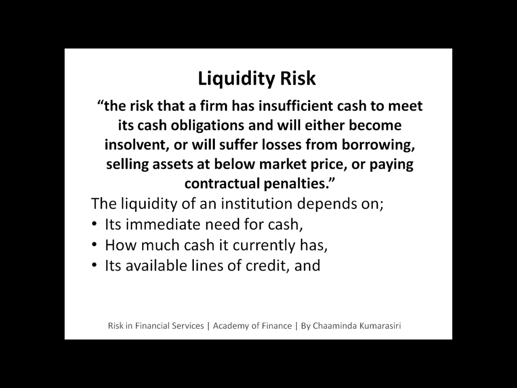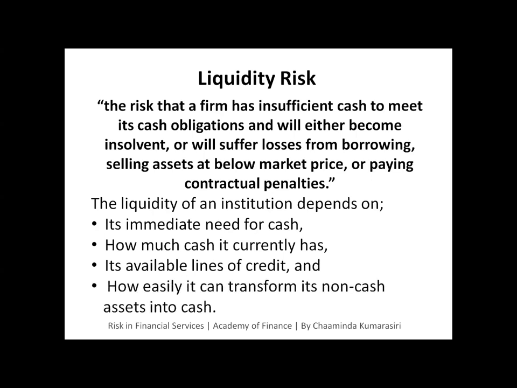And to fill that gap, you may have available credit lines, right? When there is a need, you can borrow from some lines. And you may also convert your assets, depending on how easily you can convert your non-cash items into cash. All these will determine how an institution is managing its liquidity, or the availability of cash to meet the requirements.